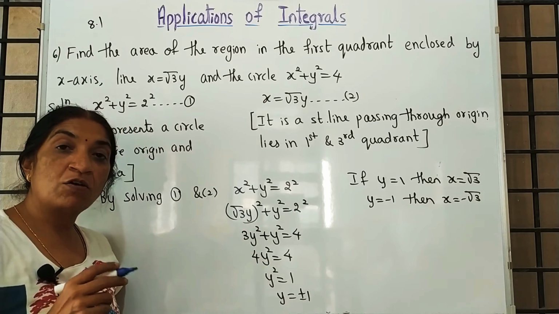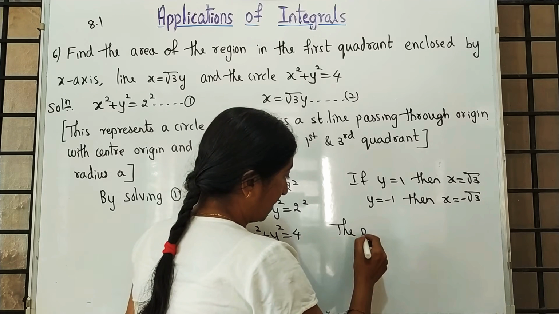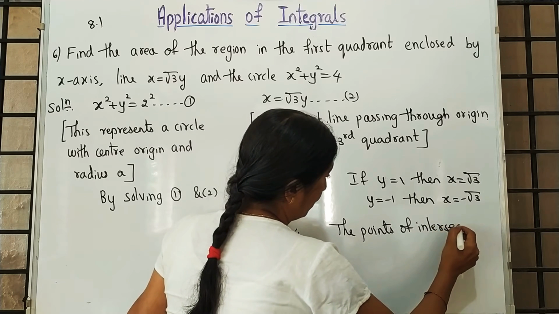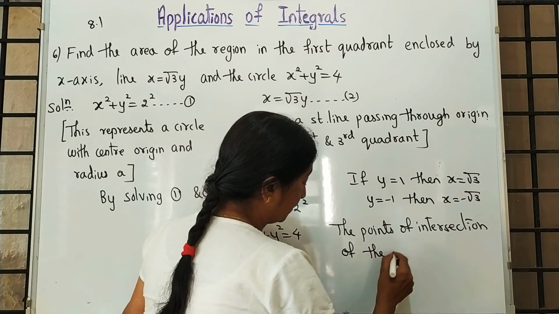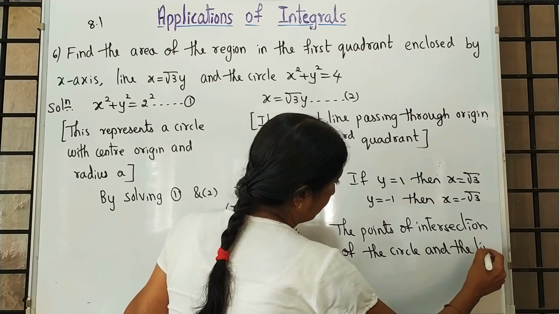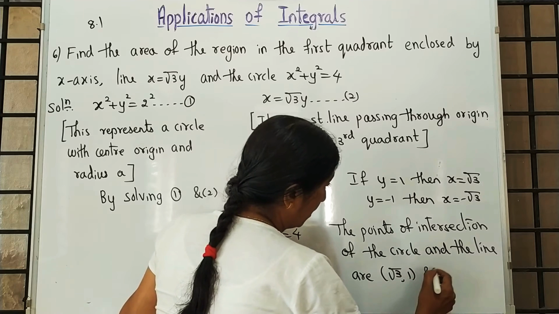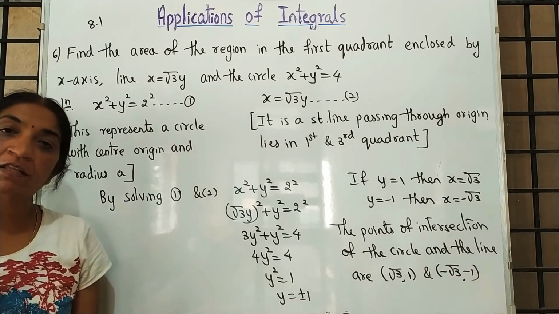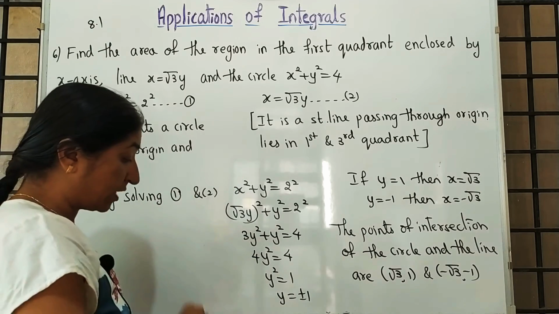That means the points of intersection of the circle and the line are (root 3, 1) and (minus root 3, minus 1). One is in the first quadrant and one is in the third quadrant. See, without figure, without calculation, I told you with the help of basic knowledge.